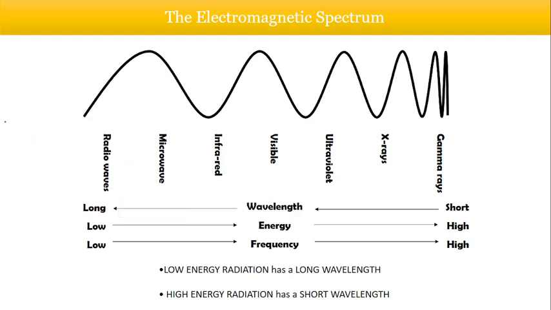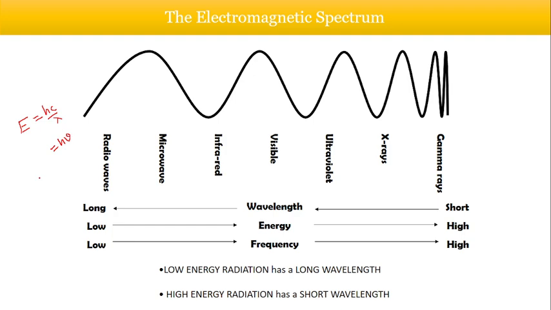We have the equation where lambda is the wavelength and c is the speed of light. Also, we can relate this by E equals h nu, where nu is the frequency.